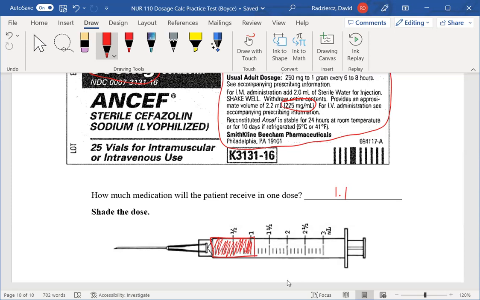Go ahead with your question. I just have one last question. Do you know if we would have any questions regarding dosages by weight, like we've had on ATI, where we would have to do weight conversions, and then it would be per 12 hours or 24 hours or something like that?